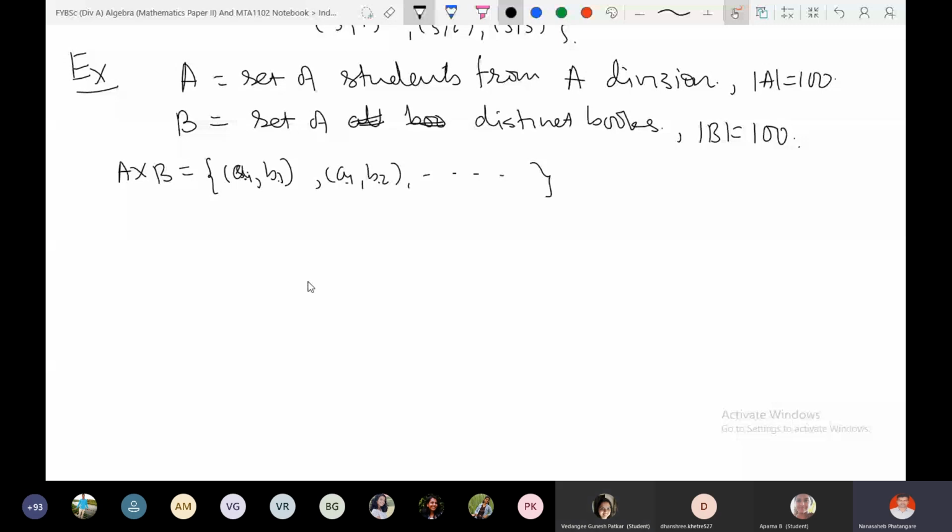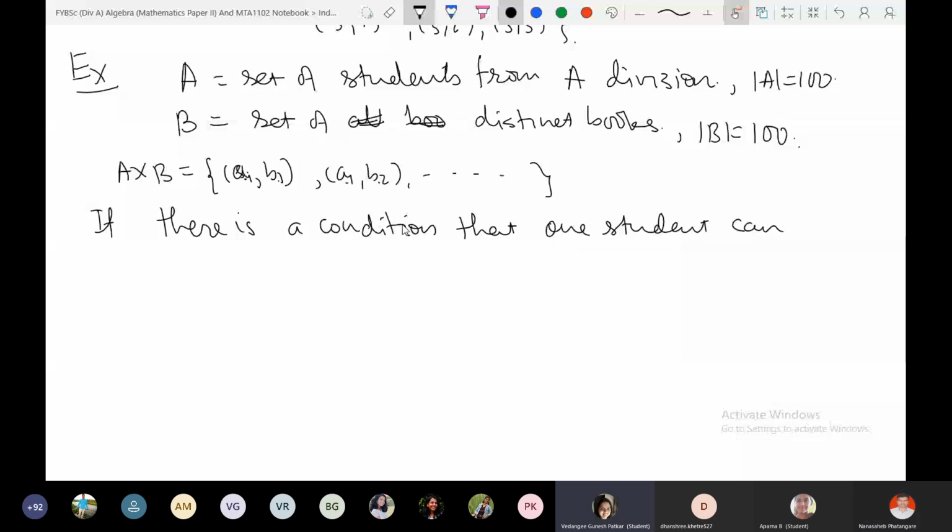Now, suppose there is a condition that one student can issue only one book at a time, not all the books at a time, because then others will not get books, right?